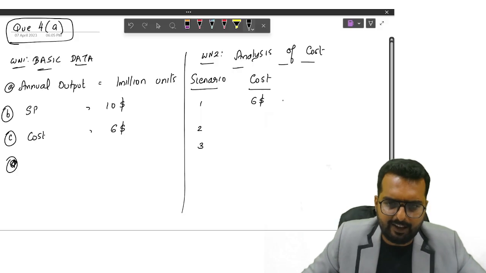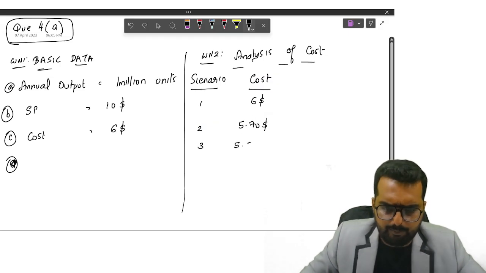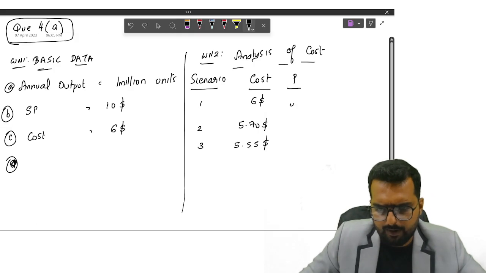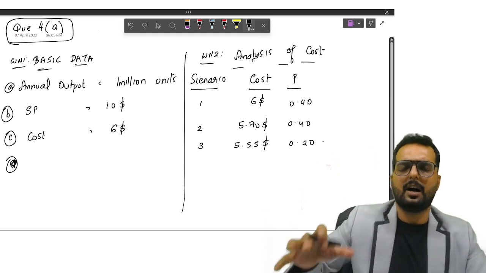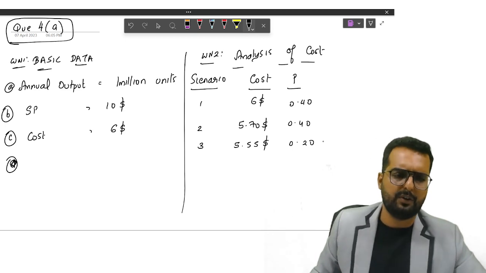Second scenario, it will reduce by 0.3. So what will be the new cost? $5.7. Third case, it will be $5.55. And what is the probability given over here? 0.4, 0.4, and the last one is 0.2. These are the three situations that are available in front of us.